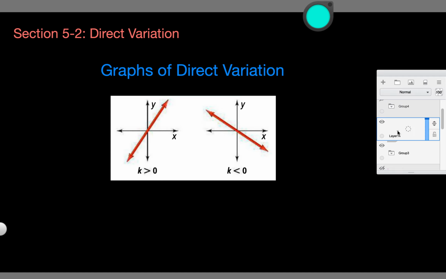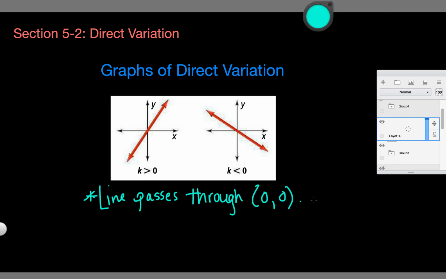So just properties of direct variation, we're going to write right here. So direct variation equations always pass through 0, 0, which is the origin. Okay?